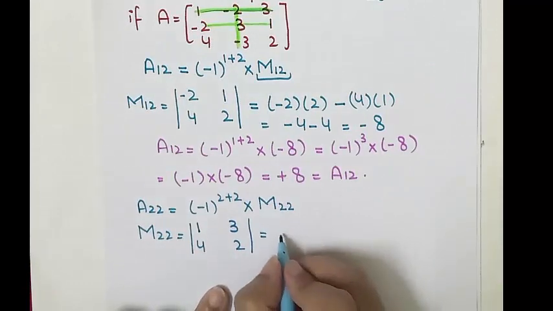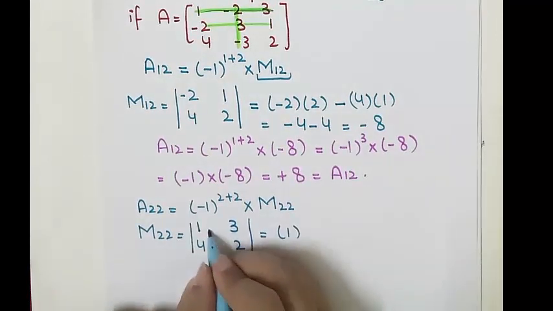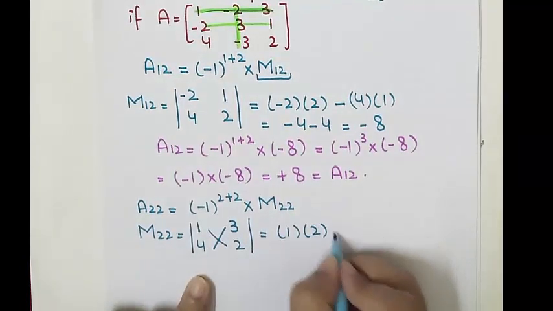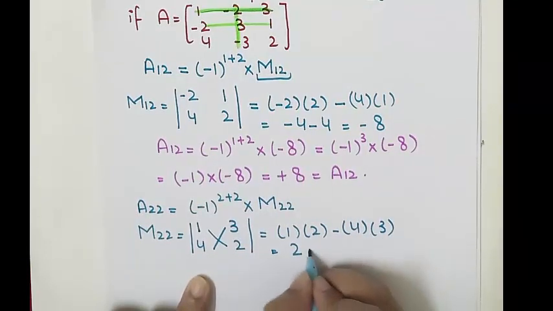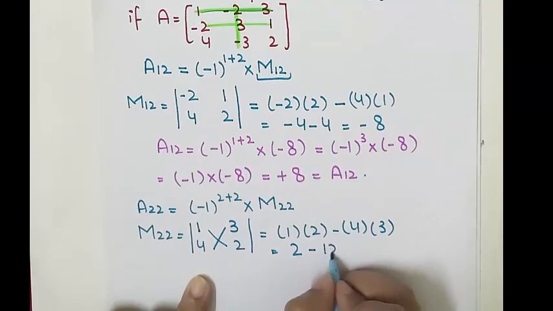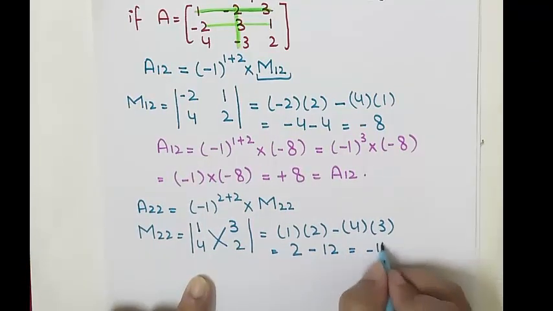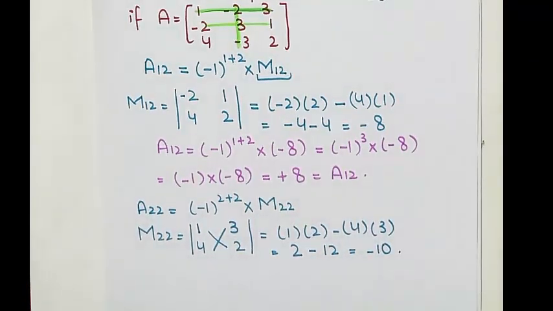Taking the determinant, cross multiplication: 1 times 2 is 2, minus 4 into 3, 4 times 3 is 12. 2 minus 12 is -10.